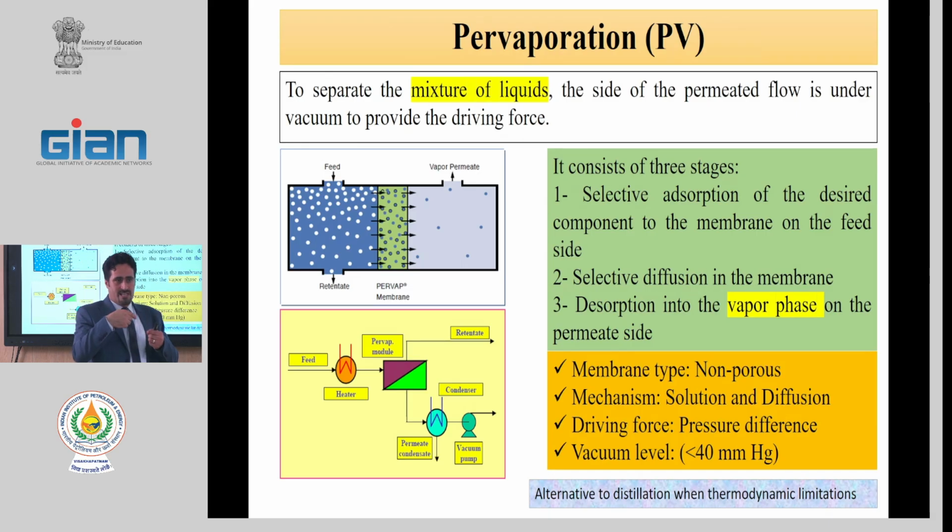But in reverse, if we have 1% hexane in 90% water, we use a hydrophobic PV membrane so that hexane passes and water does not pass. Therefore, in PV, based on the molecule to separate, we can use a hydrophilic or hydrophobic membrane.